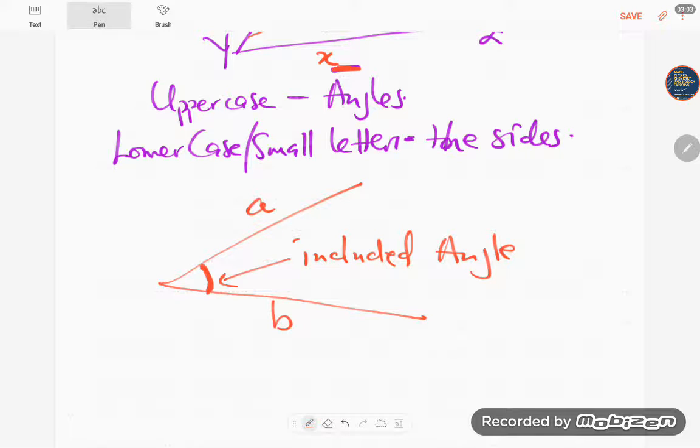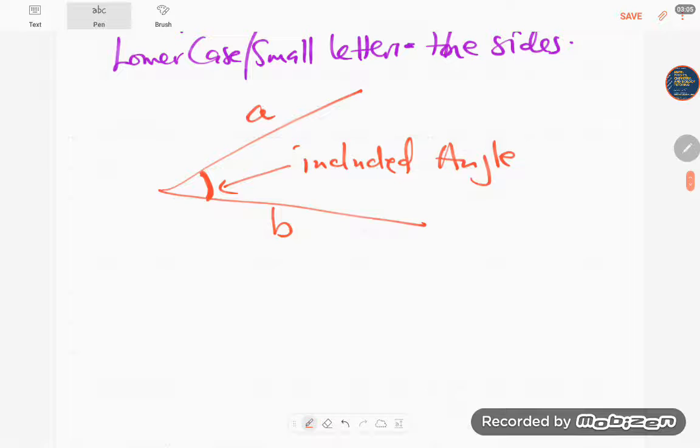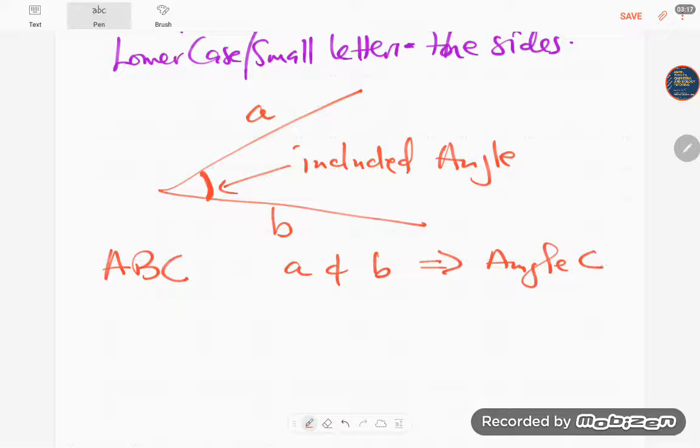So if you have a triangle ABC and you're told that you have sides A and B, then it means that they form the angle C, which we can see if we draw the triangle. That's A, B, C. This is side B, this is side C, this is side A. Notice how sides A and B make the angle C. So you can make predictions using that.